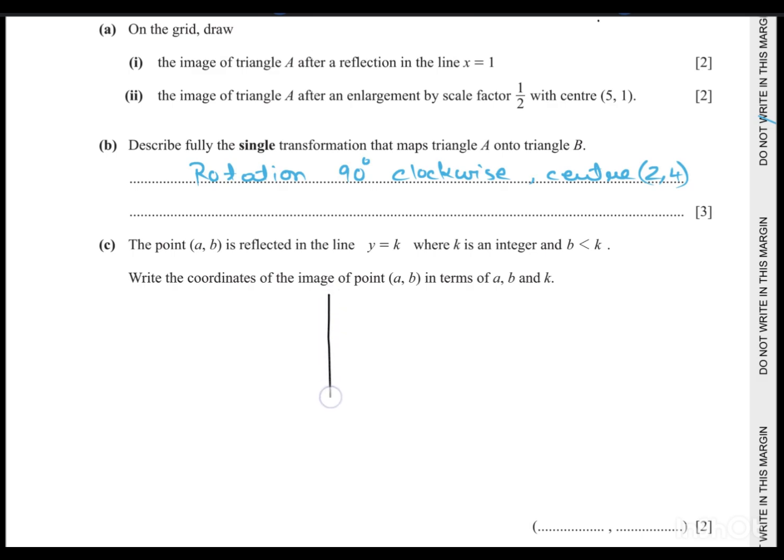Now this is the y-axis, and this is the x-axis. This is the x-axis, this is the y-axis, and there is a point (a, b). So let me mark some points on the x-axis like this, and also the y-axis.